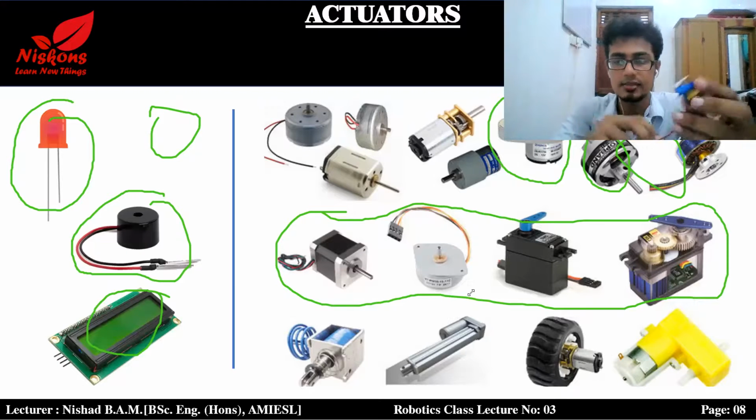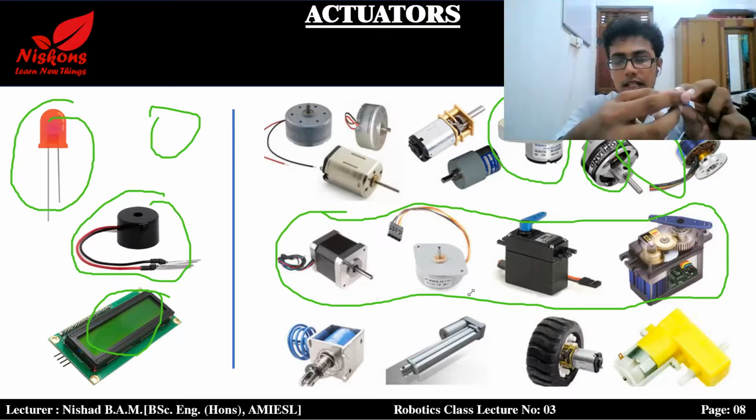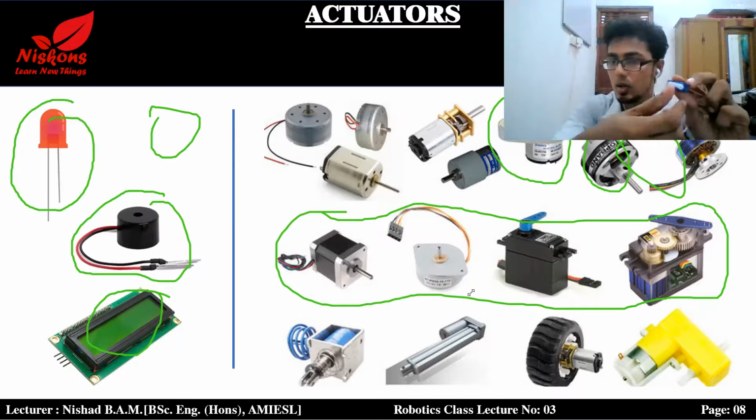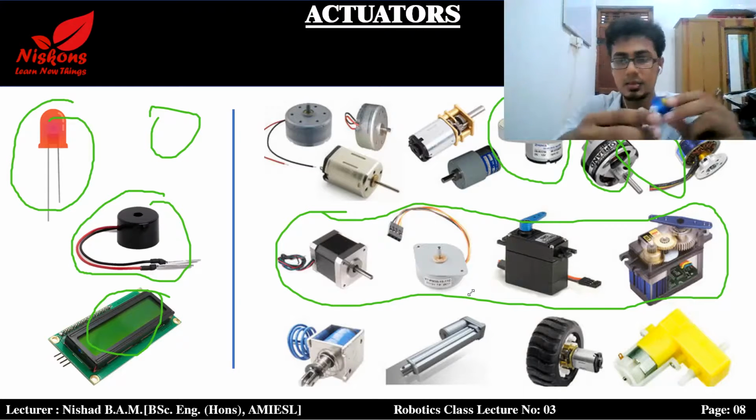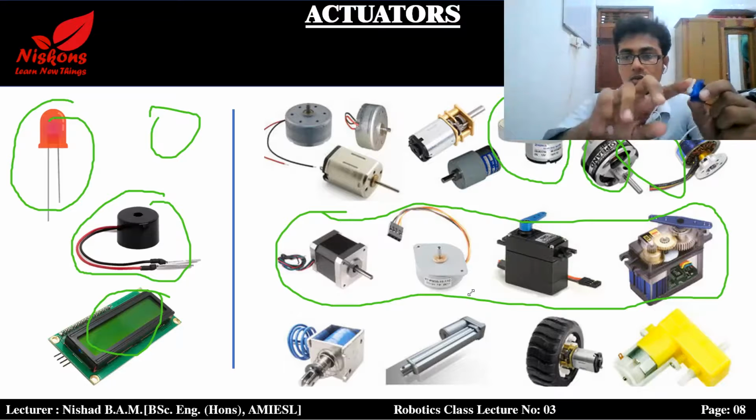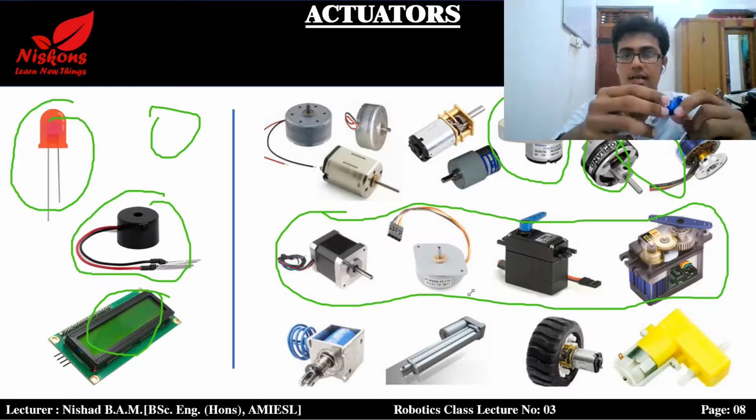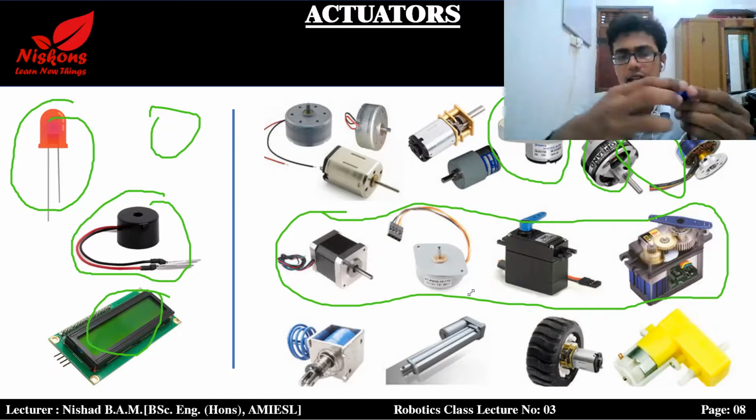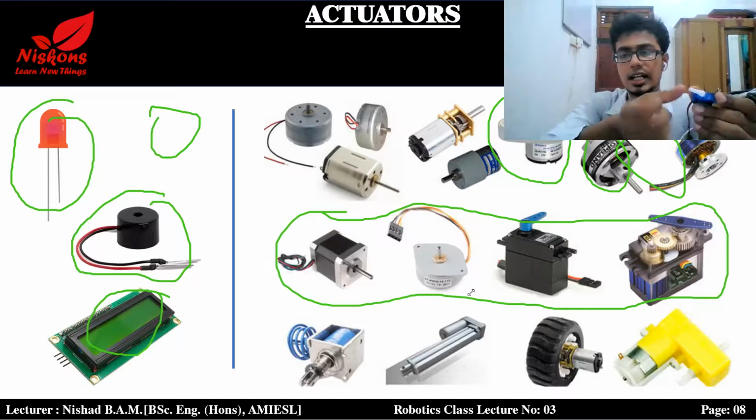What the servo motor can do is rotate only a portion. This motor can rotate fully clockwise, but some motors will rotate only a portion, only 180 degrees.